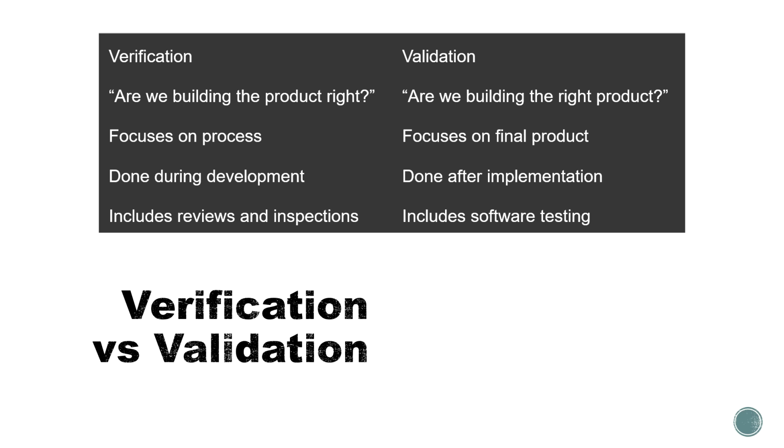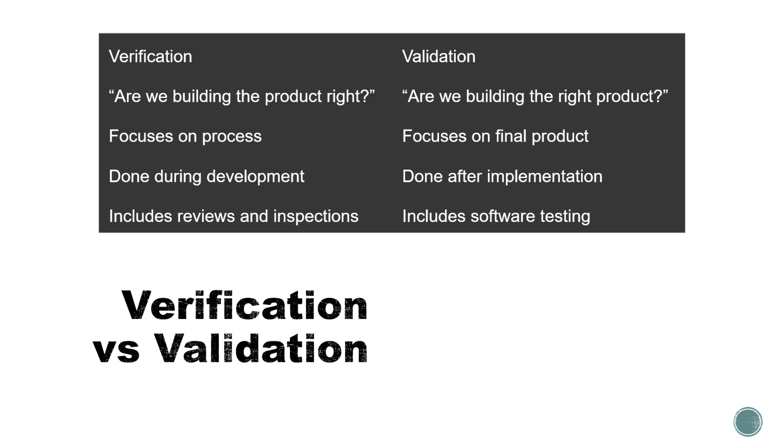We want to make sure that the activities that we are performing during the development are the most suitable activities. They are being done in the correct way. Quality is being maintained in the process. So basically, it focuses on the quality of the process. It involves different activities like reviews and inspection and some others as well.